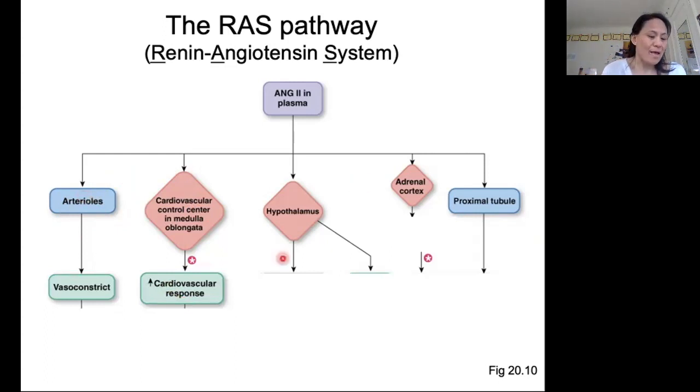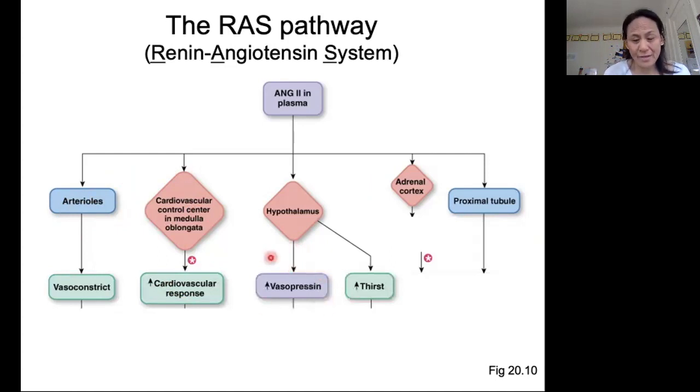Okay. At the hypothalamus, we are going to secrete vasopressin, which then is going to help us to reabsorb water. And in that way, that's going to bring our blood pressure back up. In addition, I don't expect you to have come up with this, but stimulation of the hypothalamus is also going to increase our thirst.